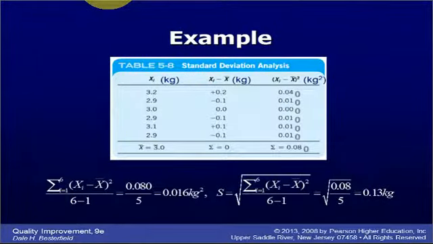I'm going to use this example to demonstrate the use of standard deviation. Assume that we have manufactured 6 parts, and they have their weight recorded in kilograms. The average of the weight is 3.0.